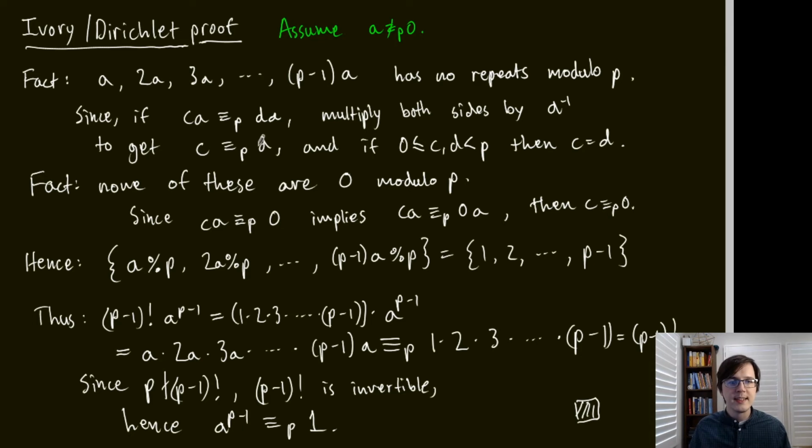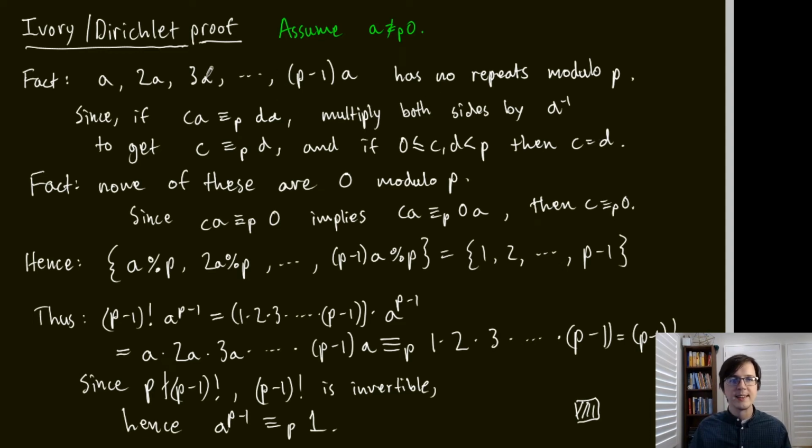But if c and d are coefficients for this list, so that there's 1, 2, 3 up through p minus 1, then certainly it lies within 0 inclusive and p exclusive. And something we mentioned a few lectures ago is that when we have a congruence of residues, then it's an equality.